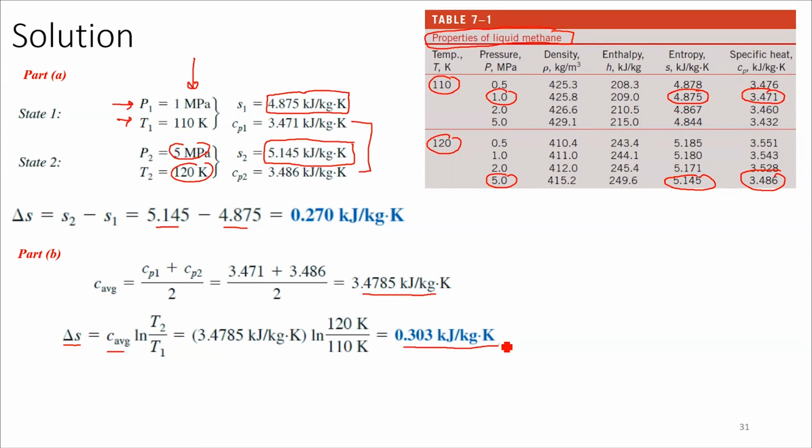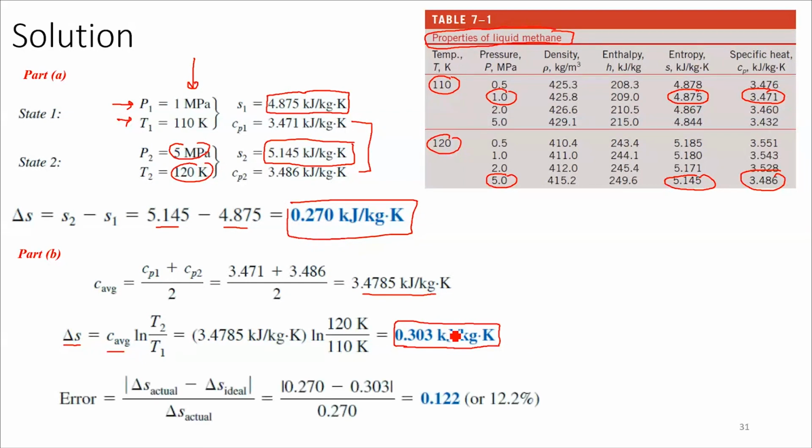This is the change in entropy if you choose the approximated specific heat value. Now the error involved with regards to the tabulated value is essentially the difference of the two divided by the tabulated value multiplied by 100%, which would give you 12.2% as the error involved in using the average value.